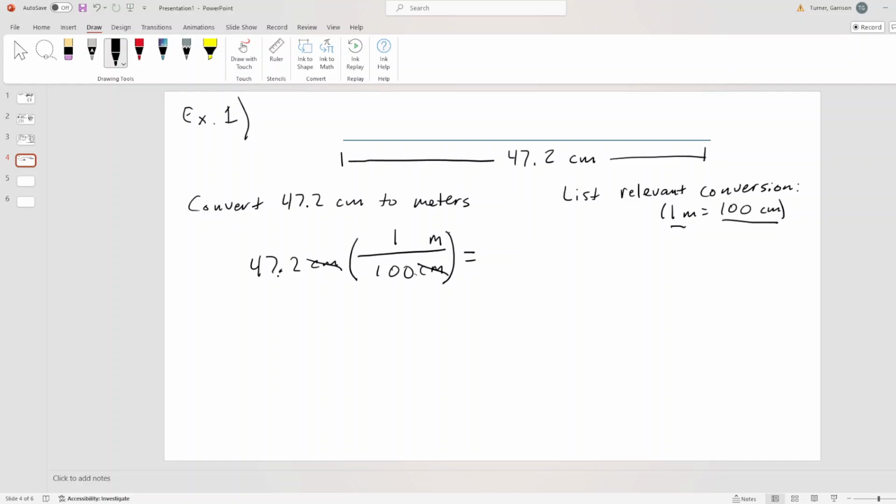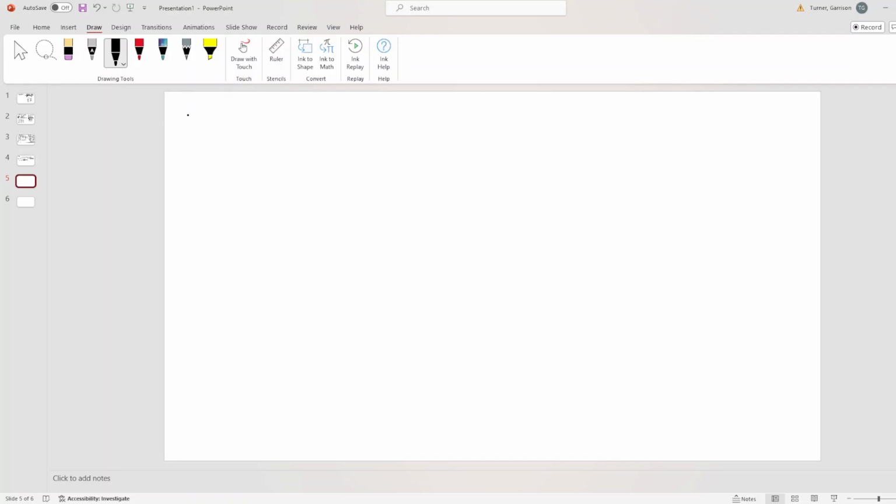And so 47.2 divided by 100 is 0.472. So in 47.2 centimeters, there's 0.472 meters. Okay? Now, this one might seem a little trivial, but let's compare that with example number 2.